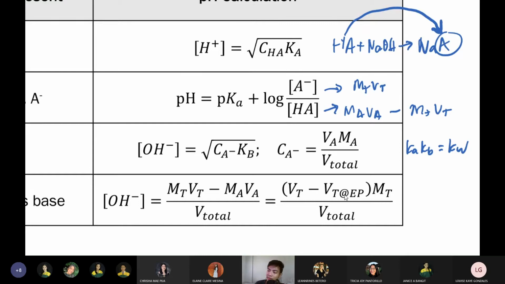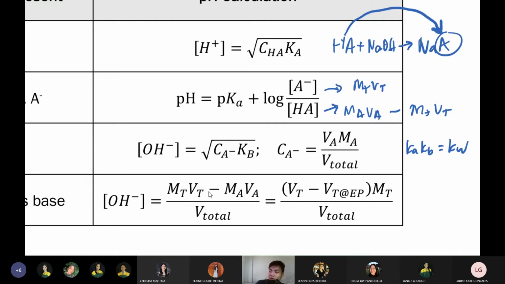Remember, VTEP, ito yung ating friend, siya si volume of titrant at equivalence point. Same tong dalawang equation na to. Same sila. Bakit? Ano ba yung purpose natin? Why we use this? We are getting the excess titrant, the concentration or the moles of the excess titrant. Excess minus yung nilagay mo minus yung nagamit equals excess, di ba? So excess titrant tong equation na to.